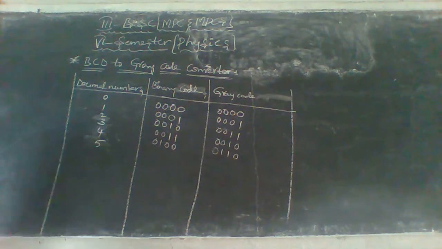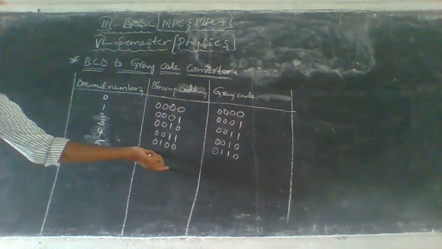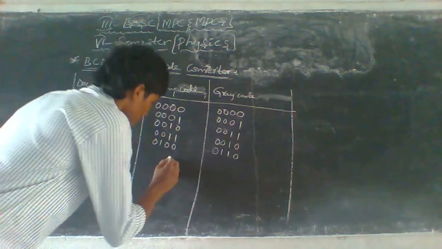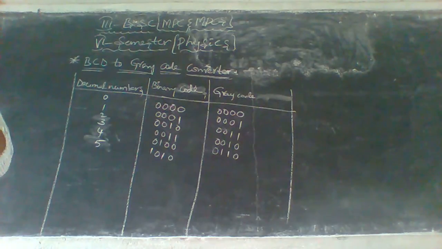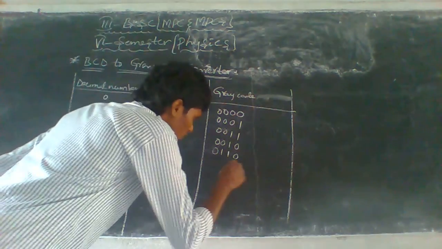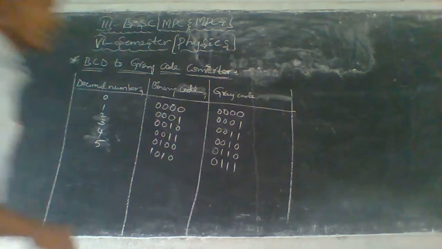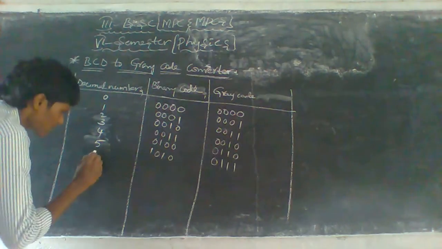Decimal number 5, the binary code is 0101 and the Gray code is 1110.